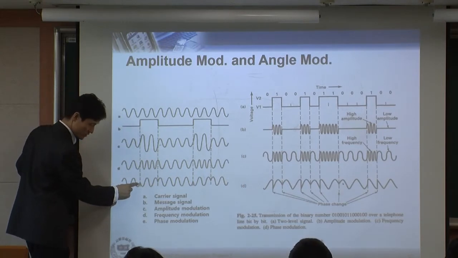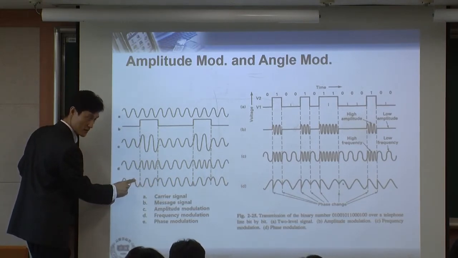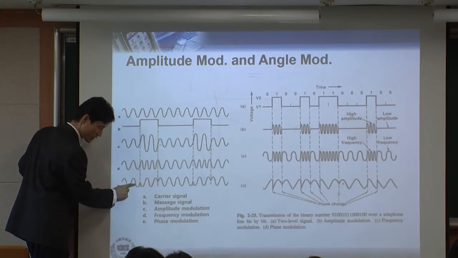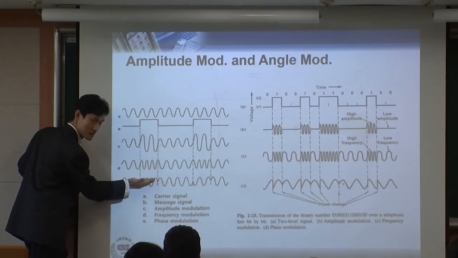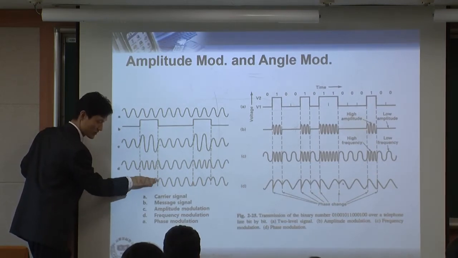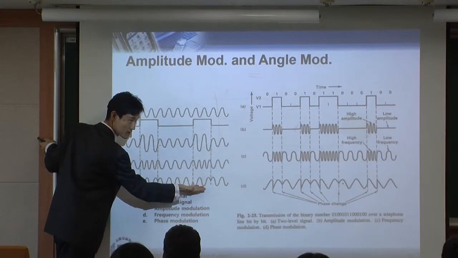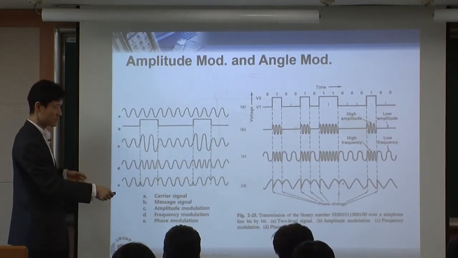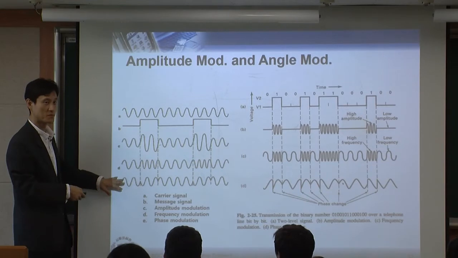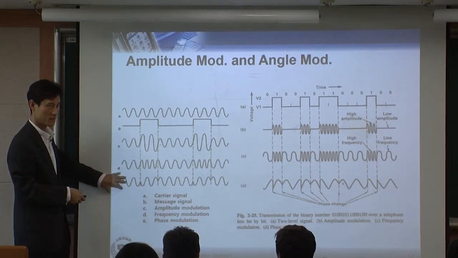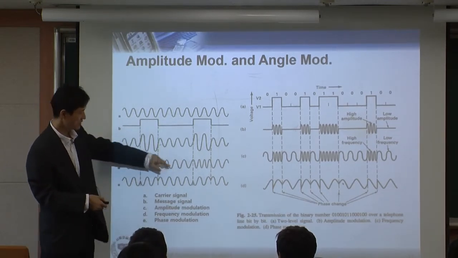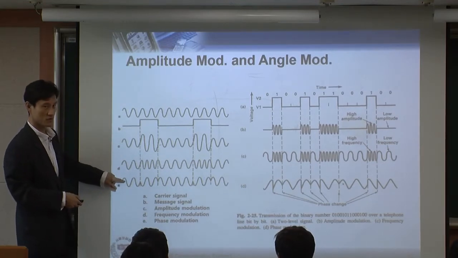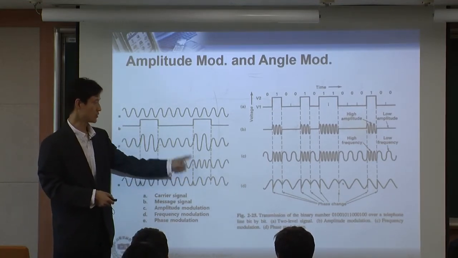You suddenly see a phase change, like going up and suddenly going down, a reverse. Same here, suddenly reverse. But looking here, the frequency is the same, because this is PM, phase modulation. So what is changing is phase. In frequency modulation, what is changing is frequency. In phase modulation, you are changing phase depending on your message.